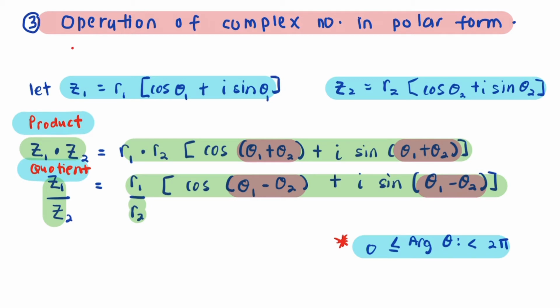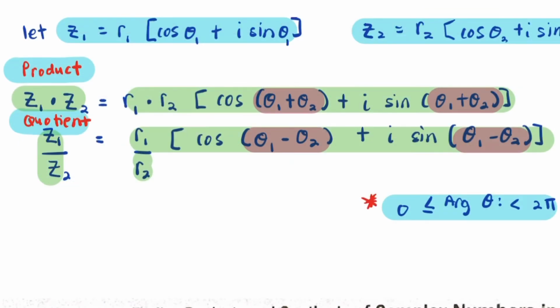Be careful. You must make sure your final answer, the argument theta, is in terms of one cycle, from 0 until 2 pi. For example, if you have an angle more than 2 pi, such as 390 degrees, you must rewrite the angle using a coterminal angle. Let me show you how.